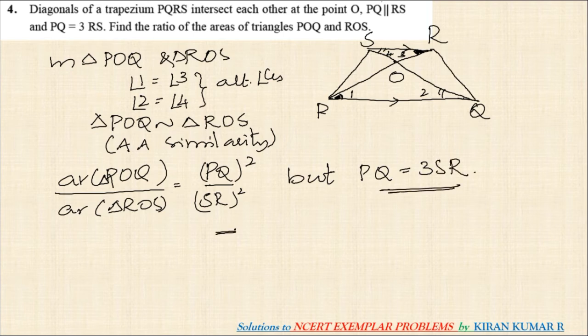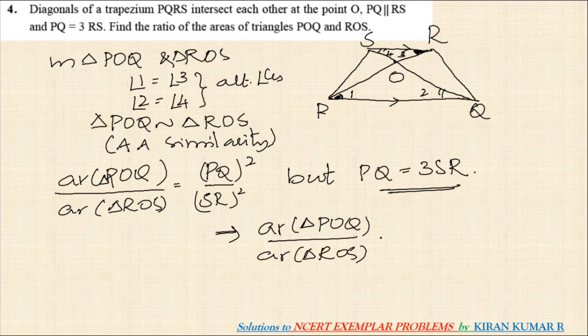So by substituting, we get area of triangle POQ upon area of triangle ROS as 3 times of SR upon SR whole square. So we get the ratio as 9:1.